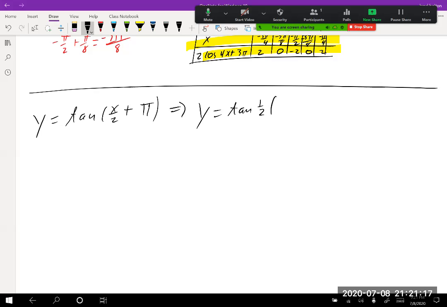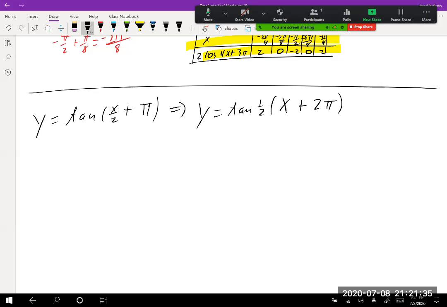When I pull the 1/2 out, that leaves me with x plus, and now I need to end up with pi. So I'm going to say 2 pi, right? If I say 2 pi and I distribute, I get 1/2 x plus pi, which is the same.